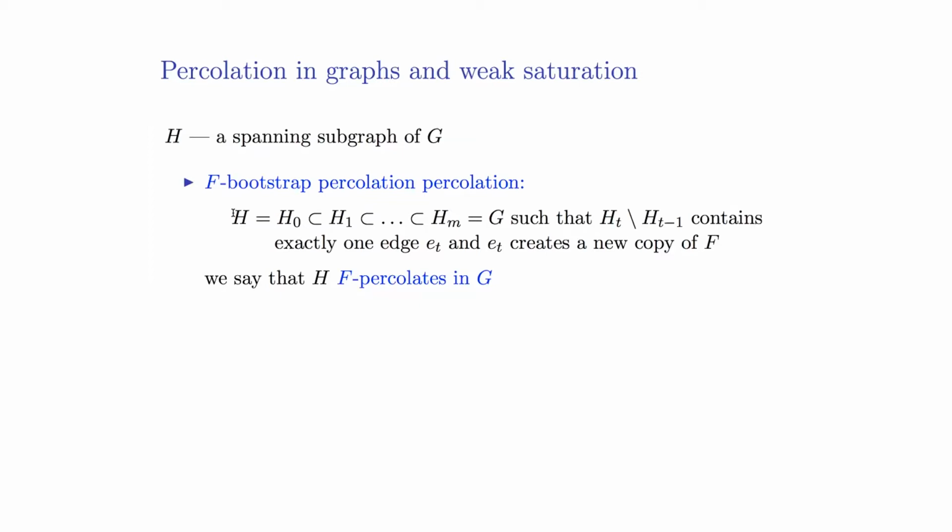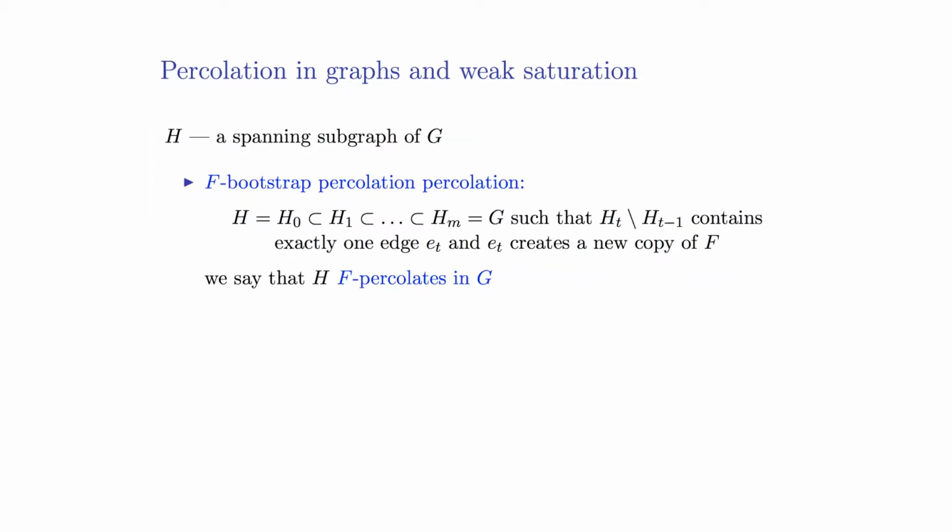The first one is H, and the last one is G. So we start from the given spanning subgraph, and we finish at G. And this sequence has the following property: at every moment, the next subgraph minus the previous one contains only one edge. So it means that at every moment you add one edge. And this edge should create at least one new copy of F.